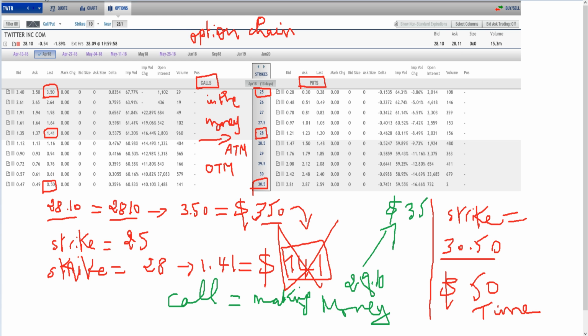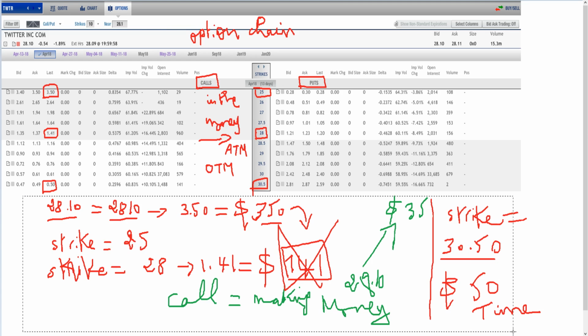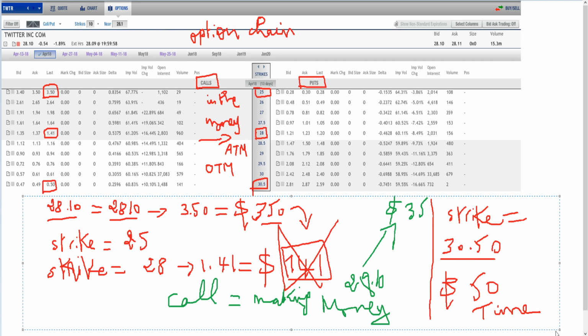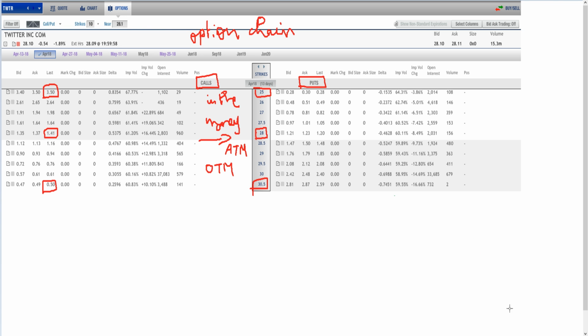Instead of shorting the stock, and having a problem with selling short and the other stuff, and you are scared to sell short stock because you will be paying a lot of money, you will be paying interest rate, and you will buy back the shares, whatever the price is. Okay? Now, the puts is the opposite.